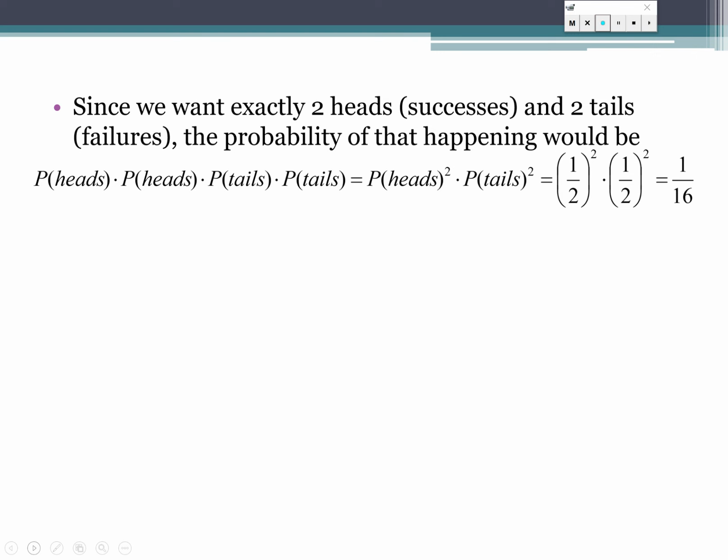And 2 tails, and tails in this case would be considered a failure. The probability of that happening, we want the probability of heads times the probability of heads times probability of tails times probability of tails. Since we want all 4 of those things to happen, that's why we're multiplying. I don't want 1 head or another head. I want 2 heads and I want 2 tails.